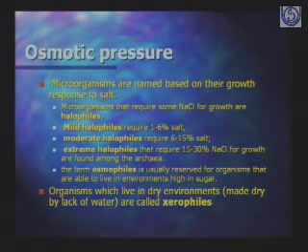The ones which grow in the presence of salt are known as halophiles, and the ones which grow in the presence of sugars are known as osmophiles. Halophiles can grow in low, moderate or even very high concentrations, which range from as low as 1% to as high as 30%.